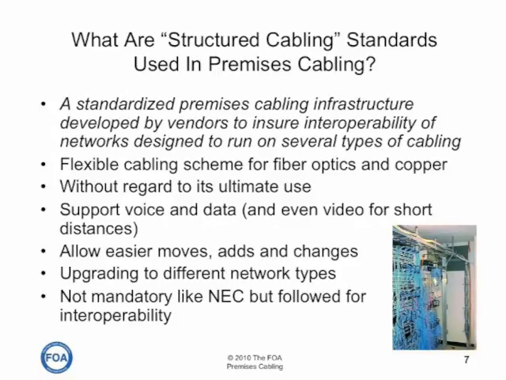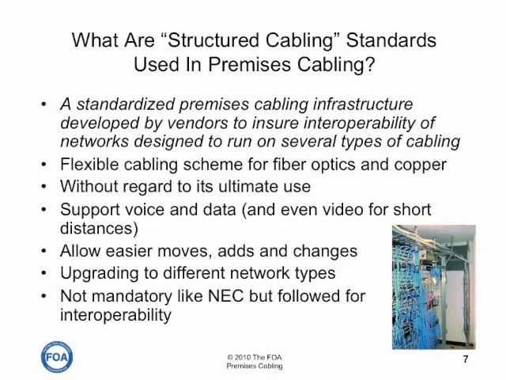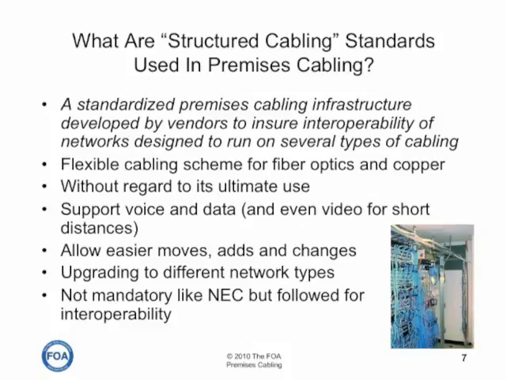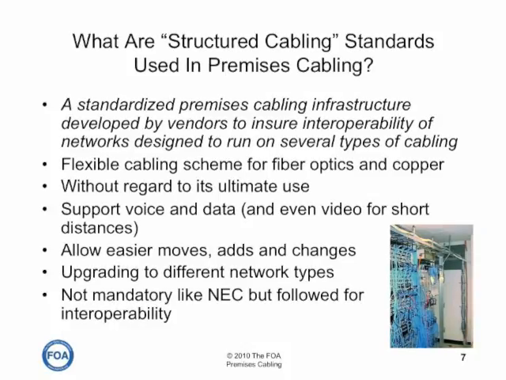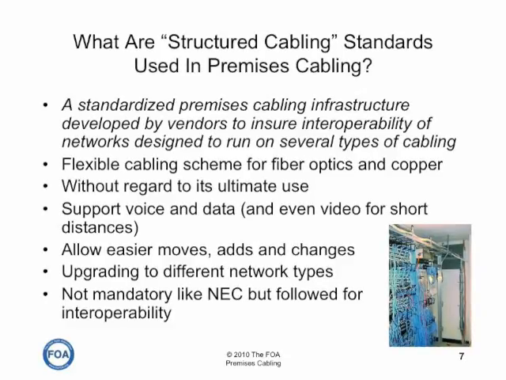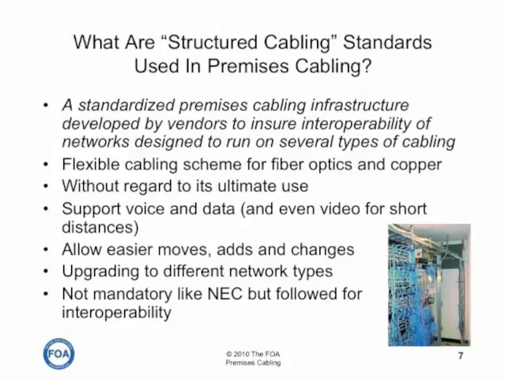It's basically a flexible cabling scheme for fiber optics and copper designed to be installed without regard to its ultimate use, because it can support voice and data and even video for short links. Because it's standardized, it allows easier moves, adds, and changes, and upgrading to different network types. It's not mandatory like the National Electric Code, but it's followed generally for interoperability.